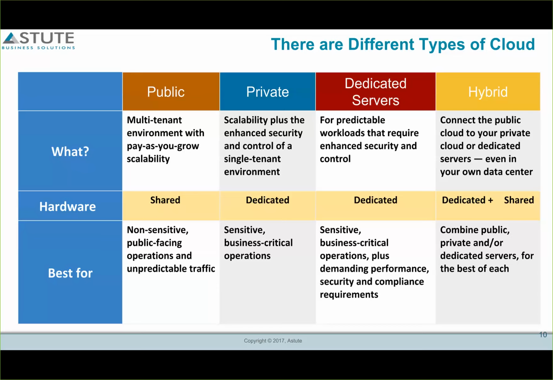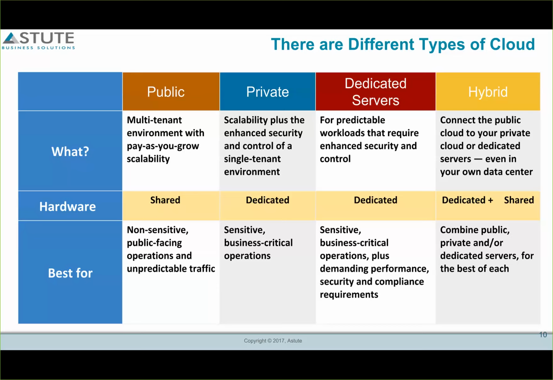So where is this useful? If you have sensitive data, you have business critical operations, you have high performing applications that you want to deploy on cloud, private cloud services are a good way to go, and that would meet your needs.